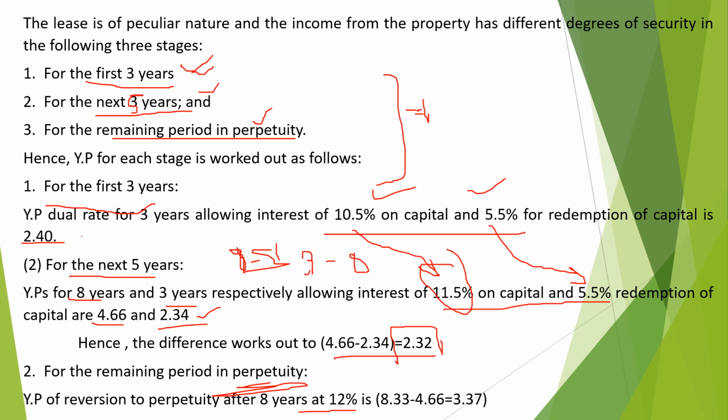Assuming it to be perpetual at 12%, YP is 8.33, and for 8 years the value is 4.66. We have already calculated this as 4.66, so the value is 3.37. So we have three YPs, which are 2.4, 2.32 and 3.37.